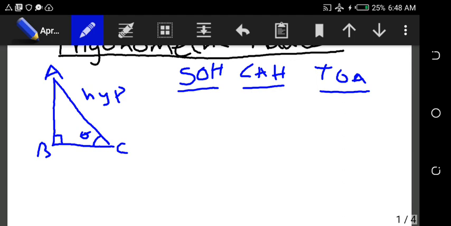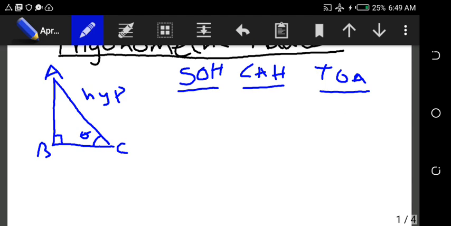Now the other two sides can change depending on the orientation, depending on where the angle is located. For this particular example, we have an angle at this point. Therefore, the side of the triangle that is facing the angle is what is referred to as the opposite.